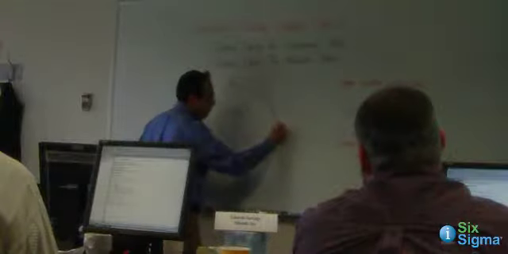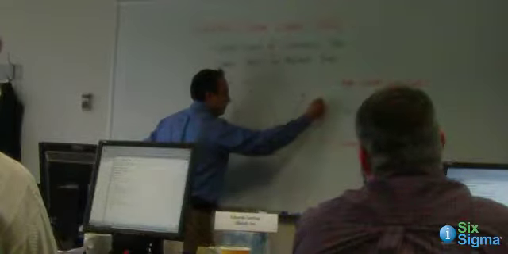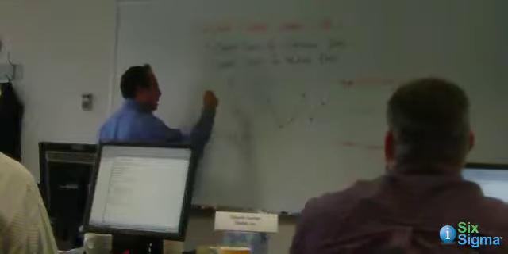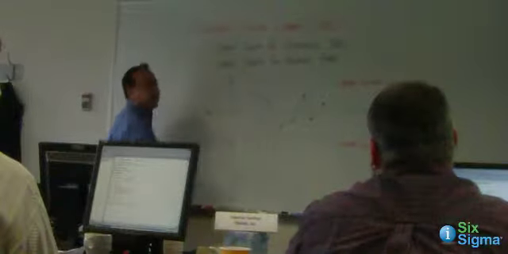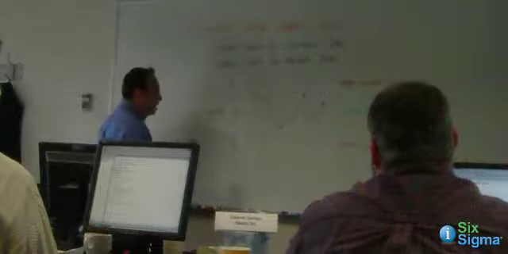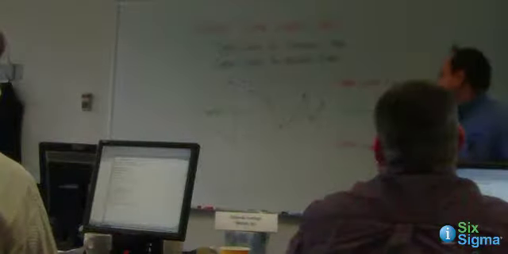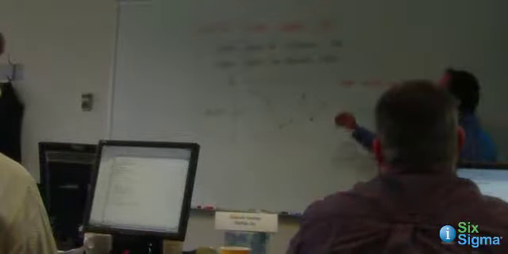So what is the percentage? 99.73%. In other words, if the mean of the process does not change, you would expect 99.73% of the points to fall within the control limits, okay? And that's the way we calculate the control limits.